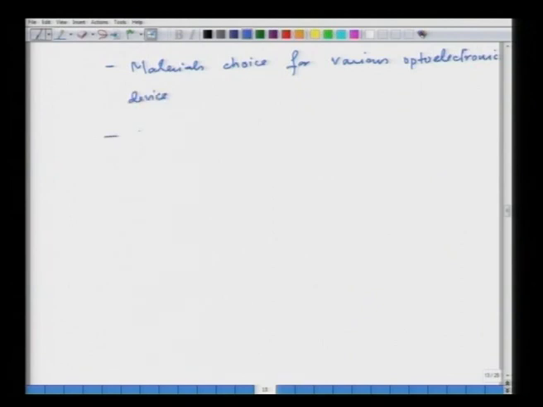We have looked at ways of modifying electronic structure. And ways of changing absorption properties.